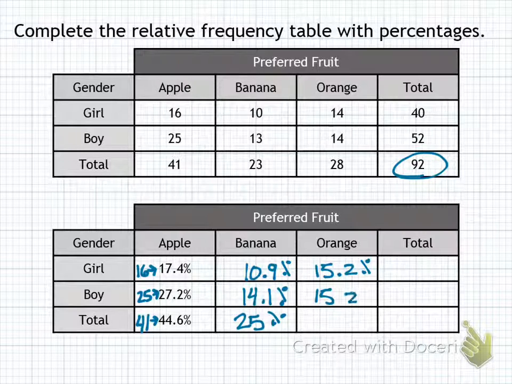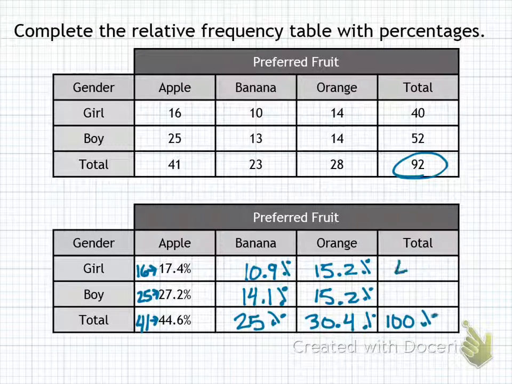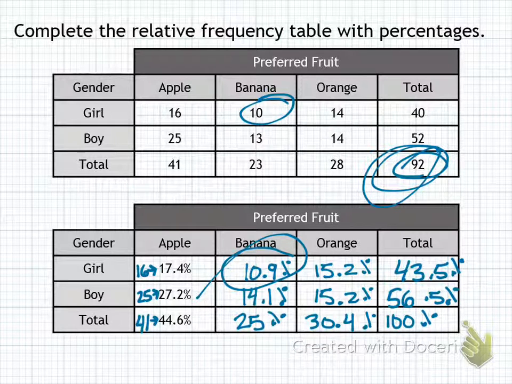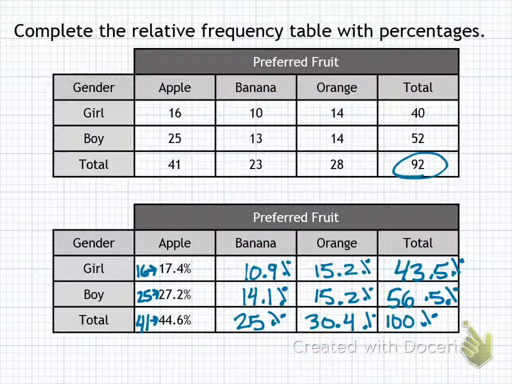Again, for the totals, you can always add the percentages that you get above, or you can do the division as well. Okay, so this 10.9 we get by doing 10 divided by 92 and then moving the decimal over 2 places gives us 10.9.